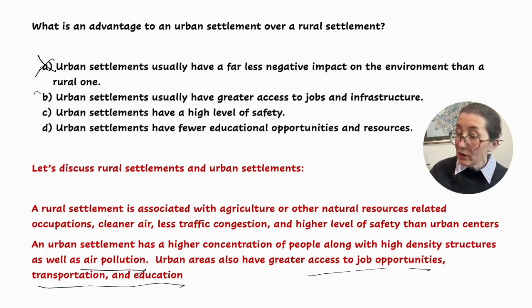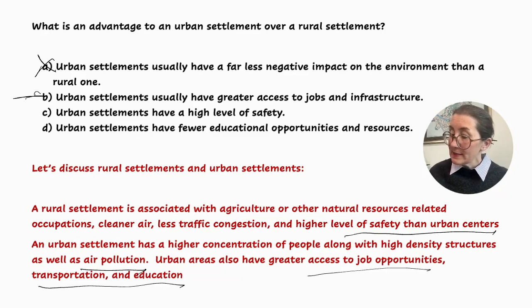So this one's a good bet. C, urban settlements have a high level of safety. It actually says rural settlements are safer than urban centers. So it's not this one. And lastly, urban settlements have fewer educational opportunities and resources. Again, that is not the case. Education and transportation are resources that urban settlements do have. So the answer is indeed B.